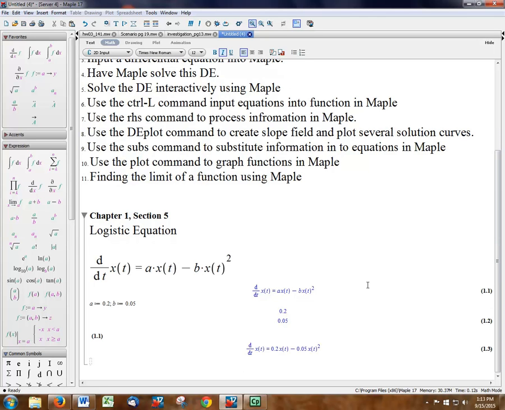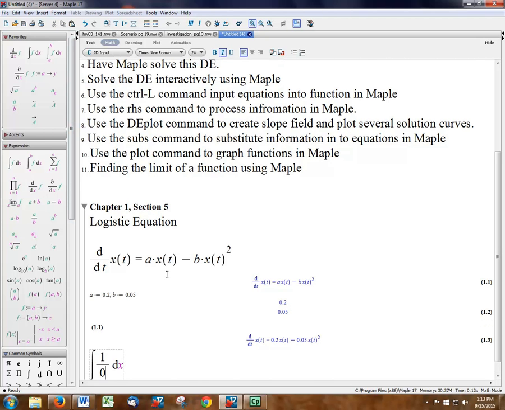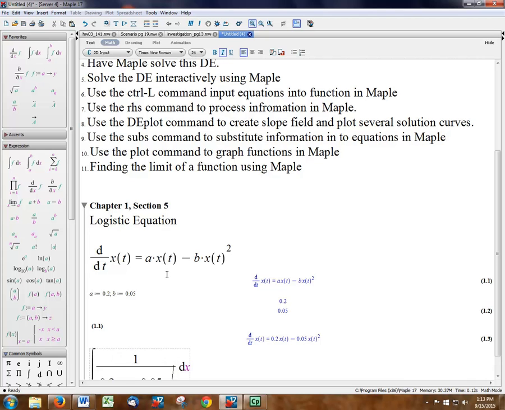We can solve this two ways. We can make it a separable differential equation and use integrals. So I'm going to show you how to do that first. So the first thing we have to do is separate it. Now if we separate it, we get two integrals, and we'll get one integral of dx, in which we have 1 divided by 0.2 times x minus 0.04 times x squared.